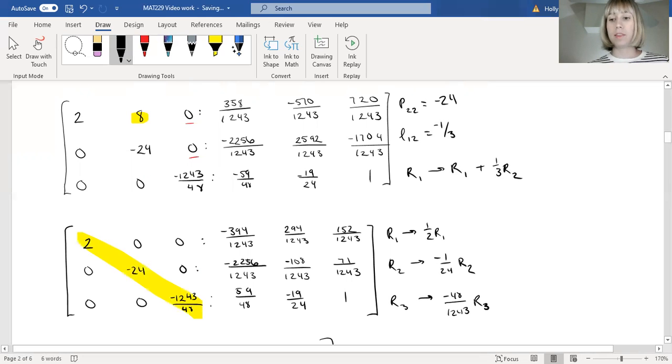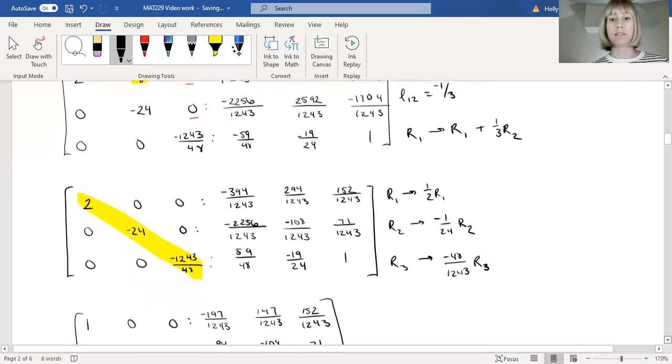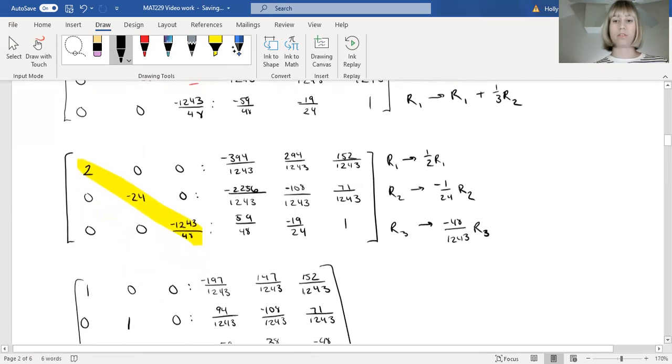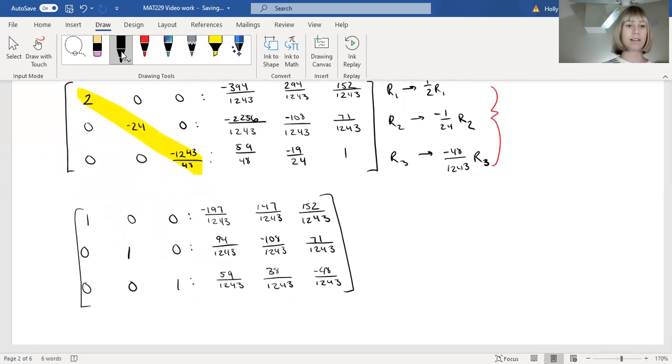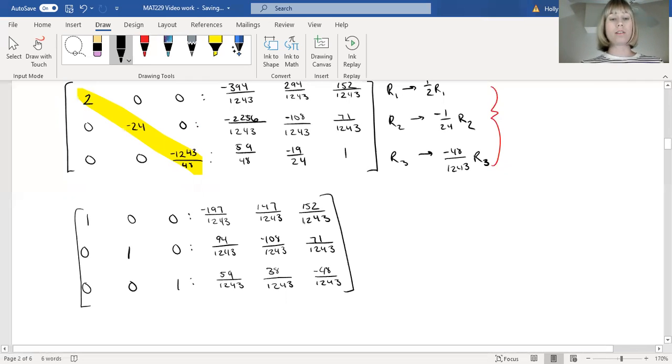Now remember, we have to convert it into a positive 1. That is why some of these values are negative. And if we use these row operations that we have written right here, we will get our identity matrix on the left and our inverse matrix on the right. So now we have completed the Gauss-Jordan elimination. We have got the information that we want, and we are all set to continue on with this deciphering.